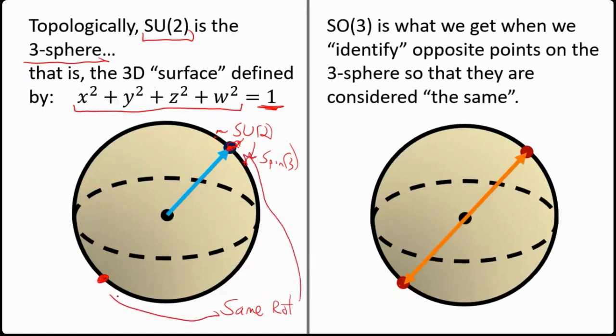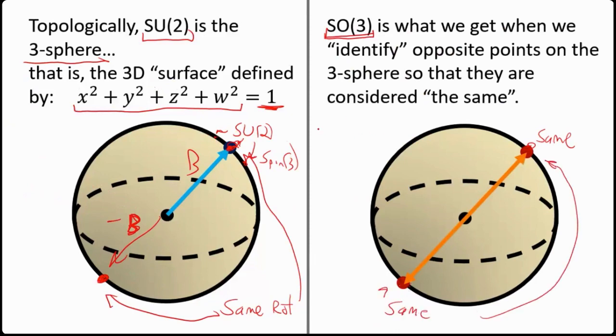Like the plus version, this would be like negative R. They give the same rotation. SO3 is basically what we get when we consider opposite points to be the same. So SO3 is like a projected version of SU2 where we're saying, hey, we literally can't tell the difference between these 2 points. You might say V and negative V are equivalent.